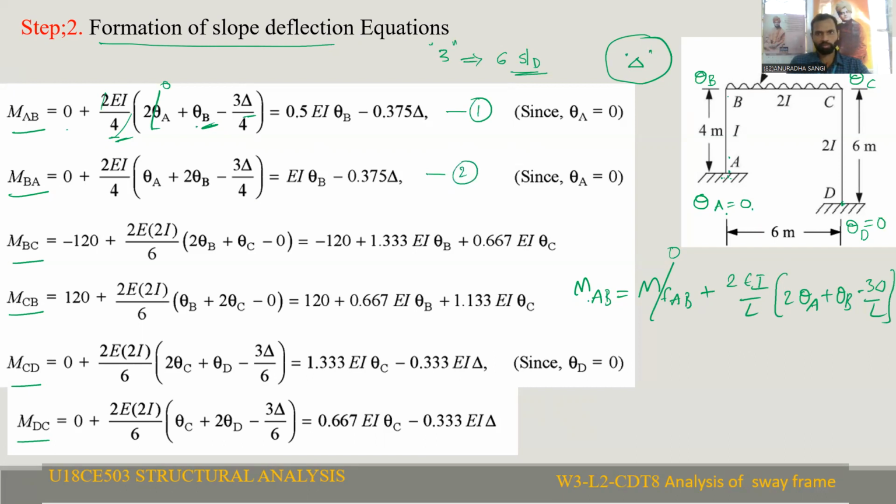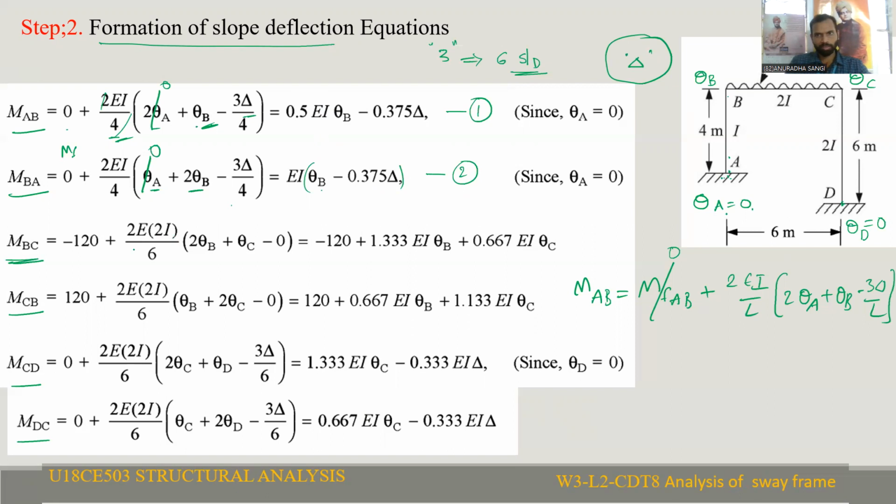MBA is equal to MFBA plus 2EI by L into 2 theta B plus theta A minus 3 delta by L. If you substitute theta A equal to 0, you will get the equation EI theta B minus 0.375 delta. This is equation number 2.